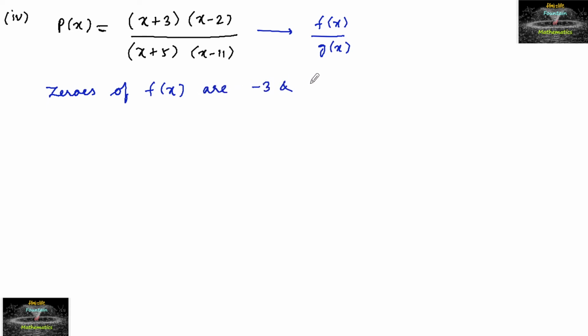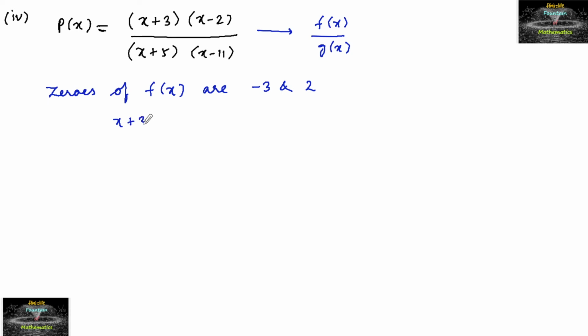Okay, now let's consider another example. Say p(x) = (x + 3)(x − 2)/((x + 5)(x − 11)), which is of the form f(x)/g(x). So the zeros of f(x) are −3 and +2.